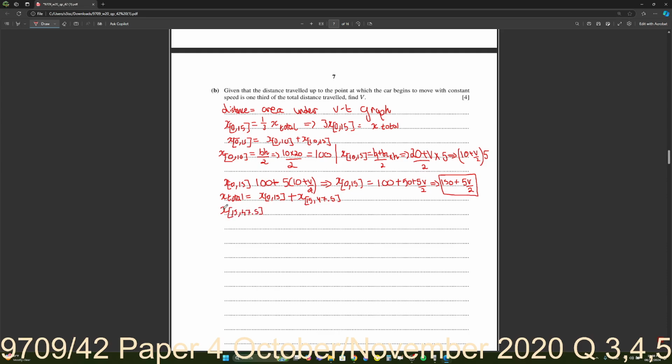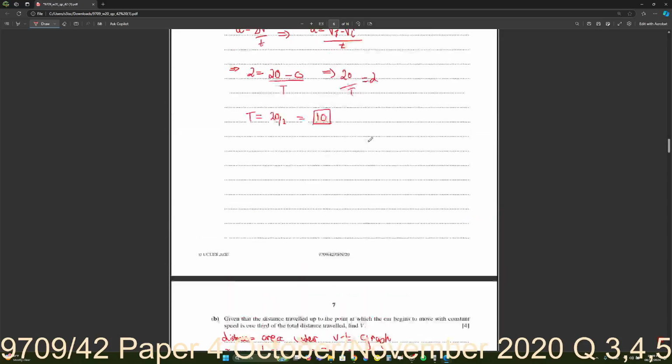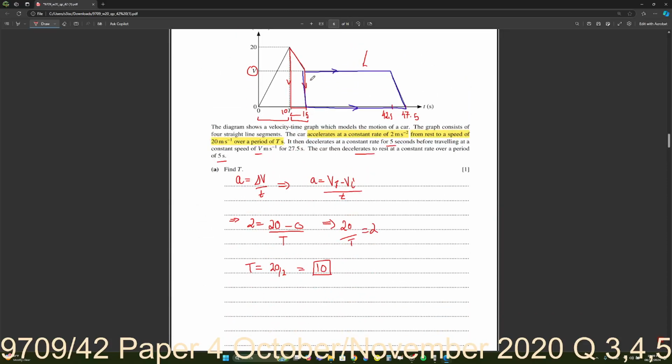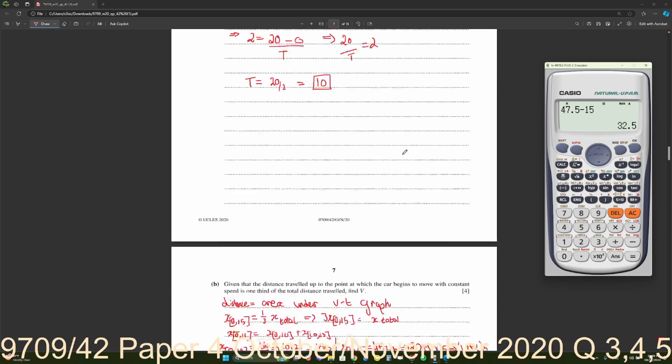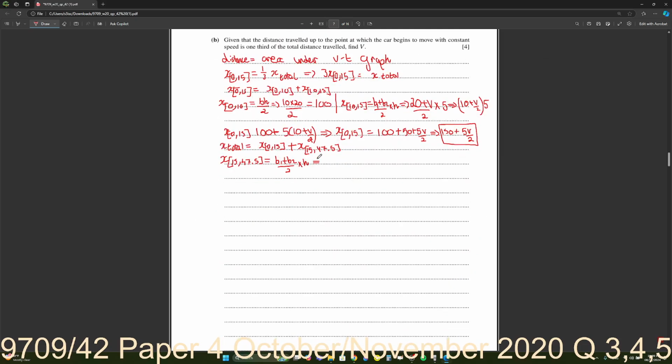It's a trapezoid, so it's going to be equal to base 1 plus base 2 over 2 times the height. Our first base is from 15 to 47.5, so I just subtract them, 47.5 minus 15, which is 32.5. So our first base is 32.5.